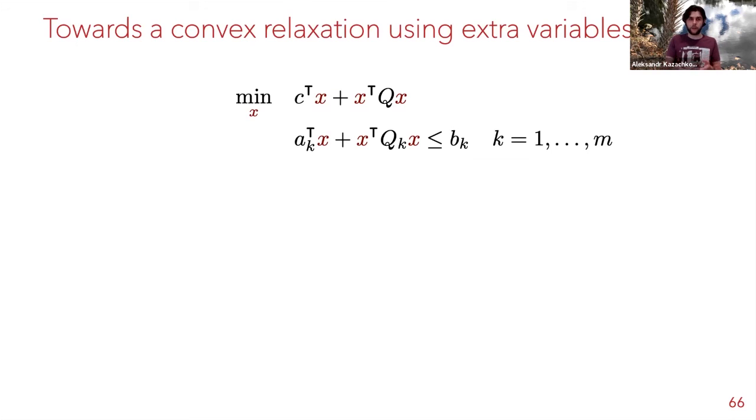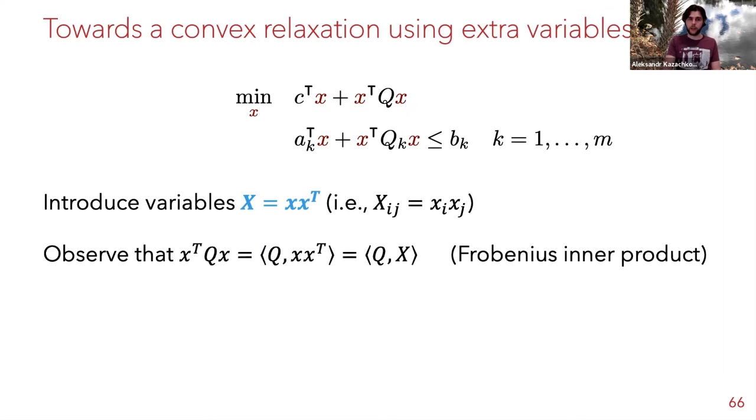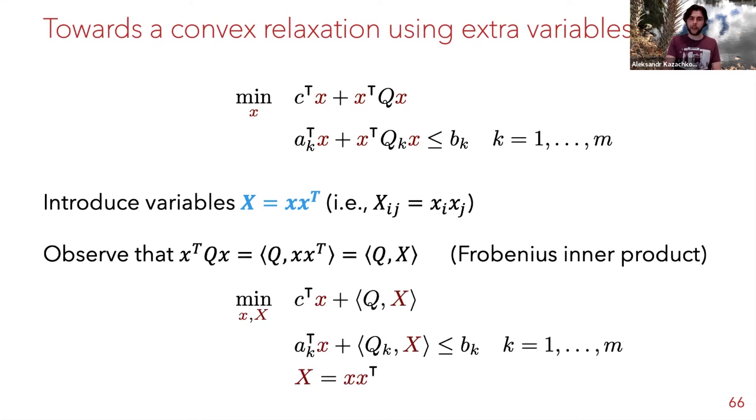We start with what I just gave, and we introduce an extended formulation, matrix X, in which component ij is equal to the product of x_i times x_j. And applying some trickery, we can get that this original problem is equivalent to the extended formulation in which X equals xx transpose. And now you have two variables, little x and capital X, which is a matrix.